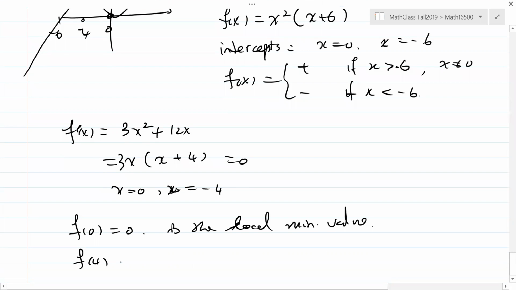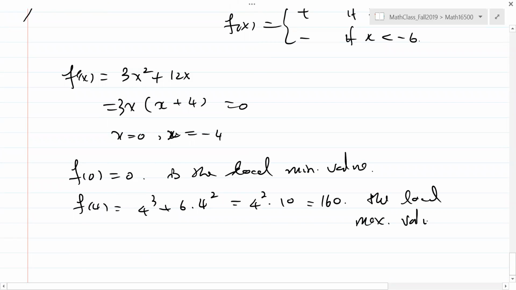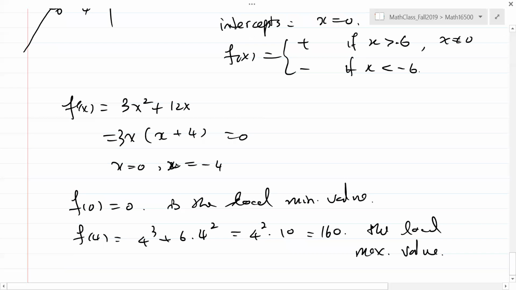So f of -4 is a local maximum value. Yes, -4, because x plus 4 equals 0.